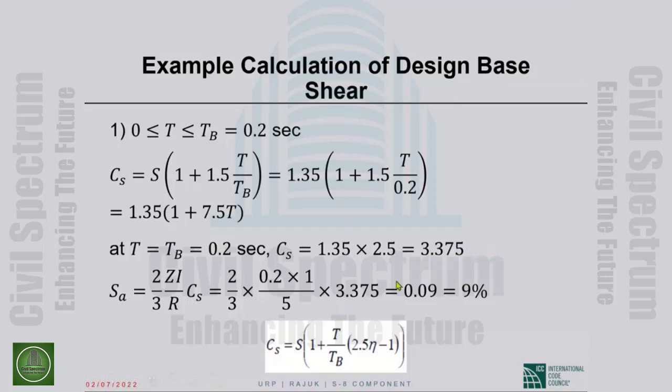That's C sub S. S sub A is 2/3 ZI over R times C sub S. We saw it on the previous slide. So 2/3, Z is 0.2, R is 5 for intermediate moment frame, I is 1, C sub S we just found 3.375. So S sub A comes to 0.09. That is the spectral acceleration, 9%. Anyway, it's a number, spectral acceleration.